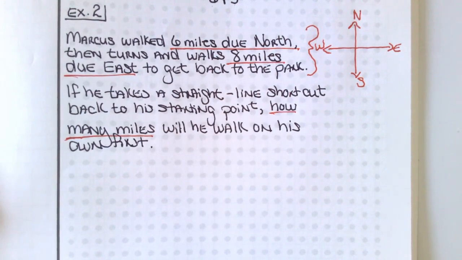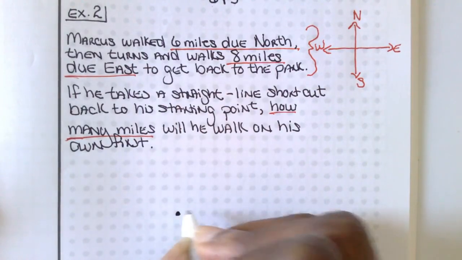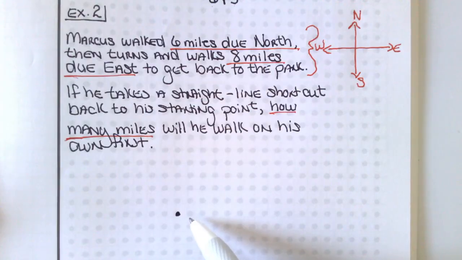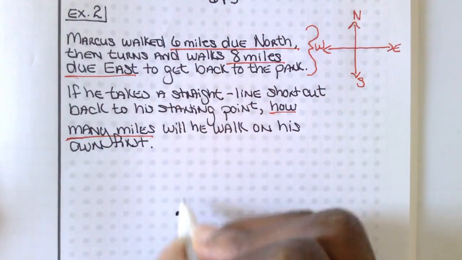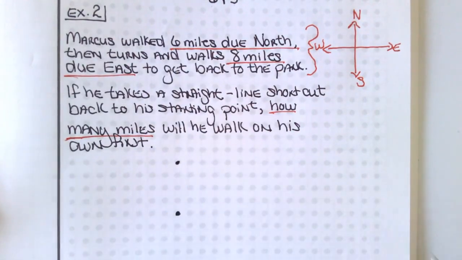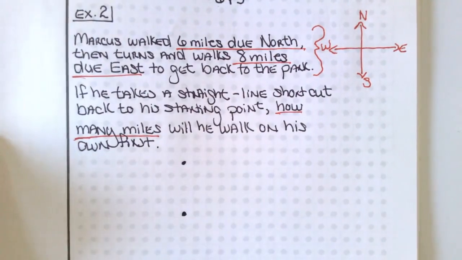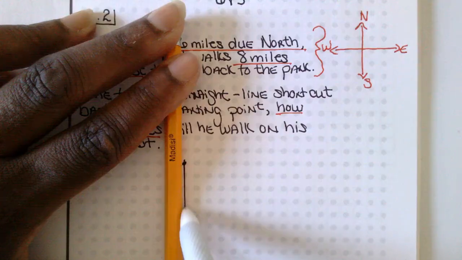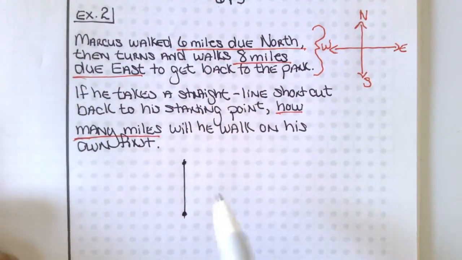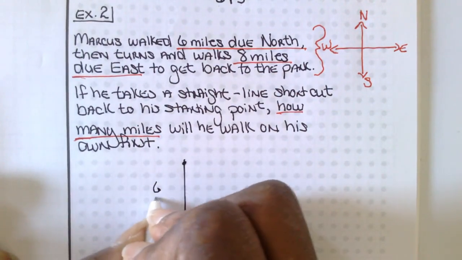Okay. All right. So now, if we're starting at one point, this is why I like to have points. If we're starting here, and they're saying we're going 6 miles due north, that means we're coming upwards. I flung my ruler across the room, sorry. Okay, so we're going 6 miles north, so this is 6.